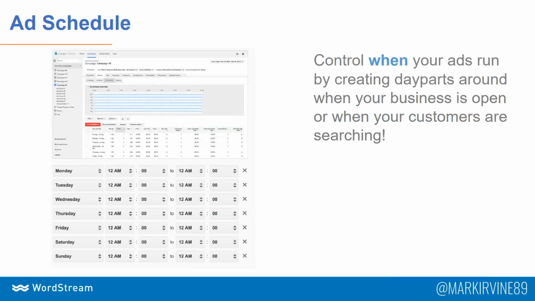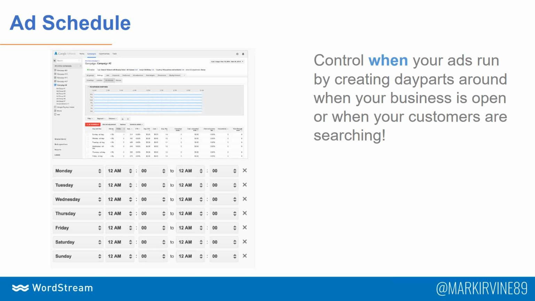Very similarly, we can control when our ads run by creating an ad schedule. So if I'm a B2B business, I know that people searching for, let's say, IT help, are going to be searching for that type of service 24 hours a day. But when do my customers search for it?